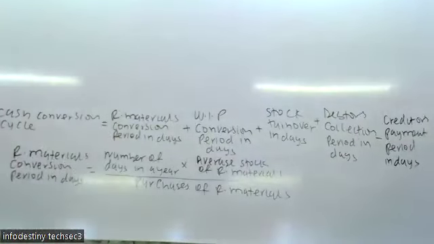So when you want to compute raw material conversion period in days, you simply take number of days in a year multiplied by the average stock of the raw materials, divided by purchases of the raw materials.